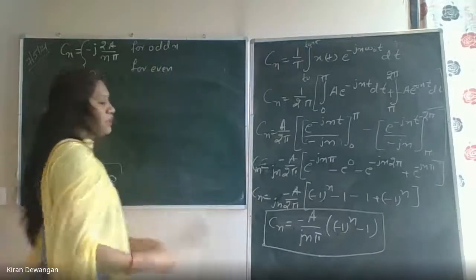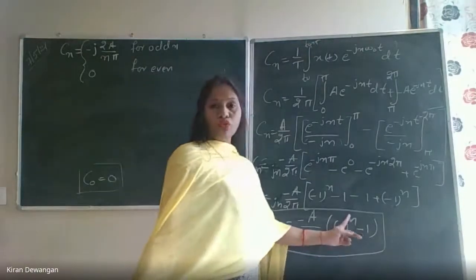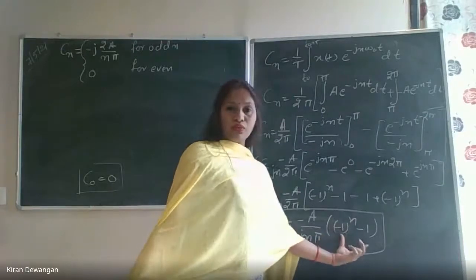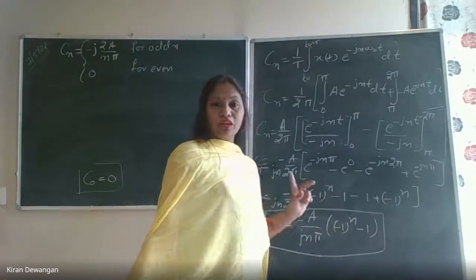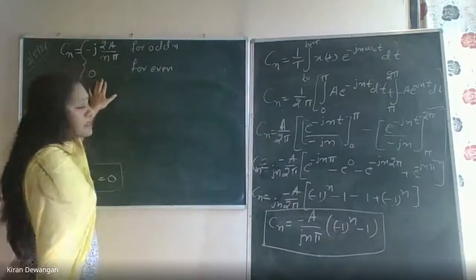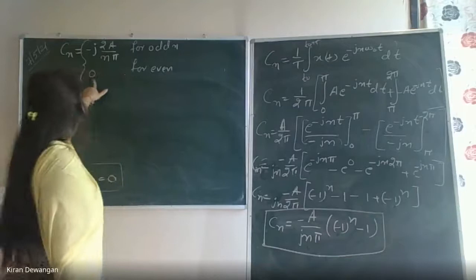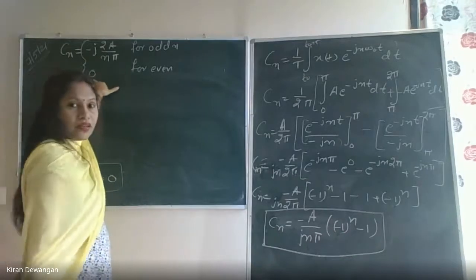Definitely it will be 0. If minus 1 to the power 2, 4, or any even value we are taking, this becomes 1 minus 1, which is 0. So we have to take it differently. For odd values of n, Cn will have this value, and for even values of n, it will be 0.